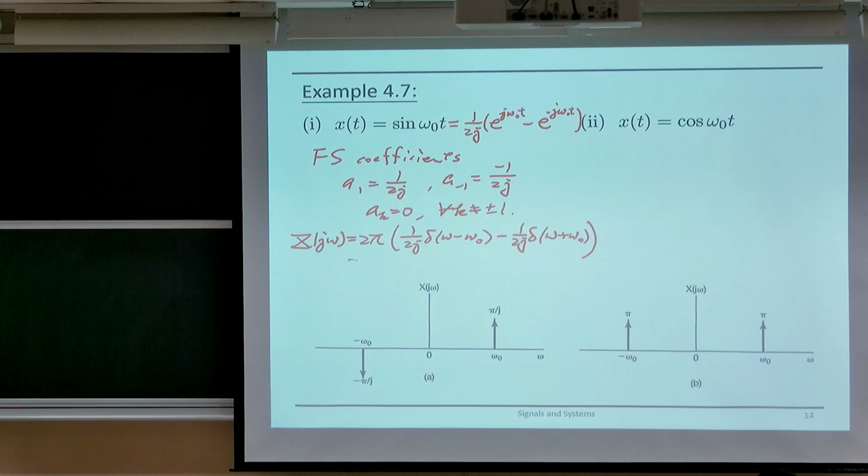So this gives you pi over j delta omega minus omega naught, minus pi over j delta omega plus omega naught. So this term is this, and this term is this.